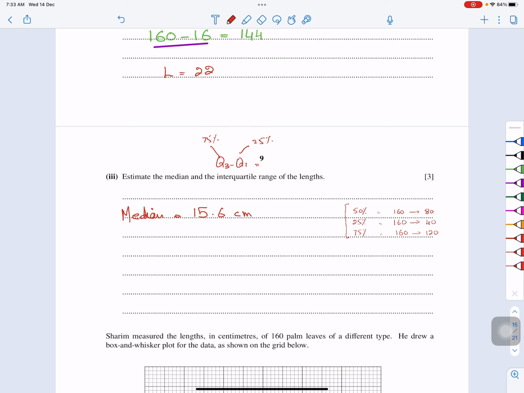For interquartile range, you will write what is the upper quartile and what is the lower quartile. Let me write here. And lower quartile. Let's read the value from the table and then we'll come here. So for the upper quartile, I will read at 120.